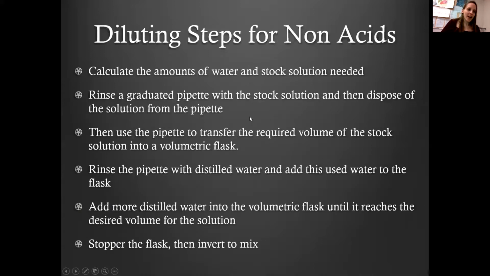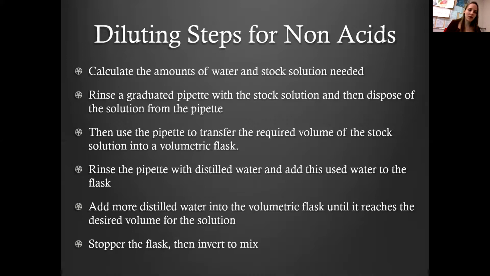If it's not an acid, we actually usually do it the other way around. So first, we'll follow the calculations that we just did to figure out how much stock solution and how much water is needed. Then you take a pipette, which is like the little bulb thing that you squish and it pulls liquid up. You're going to rinse that with some stock solution.